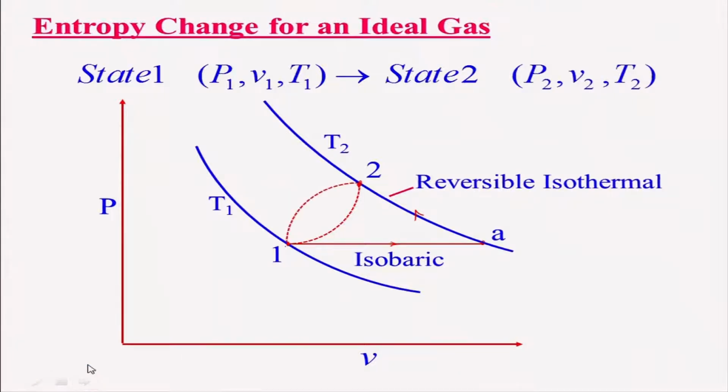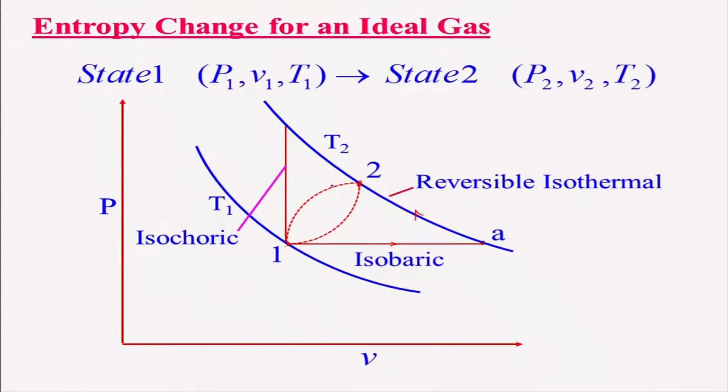Similarly, I can say there is another path between state 1 and state 2. The entropy change between state 1 and state 2 does not depend on the path, whether this path or this path.